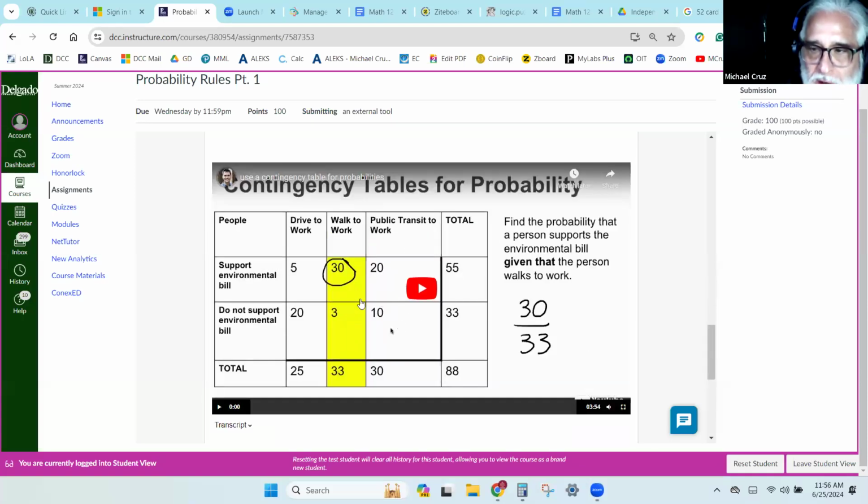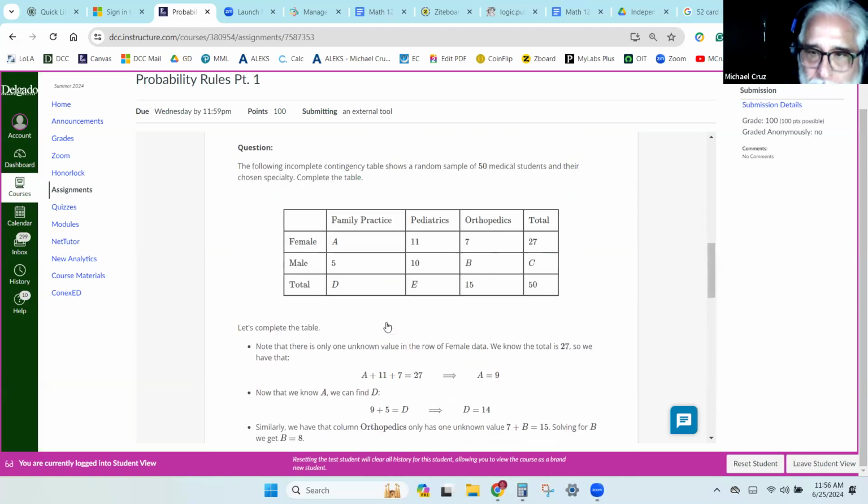But essentially, all of these total up across. So on this one, let's do this first one. This one's got 3, but it doesn't matter. It's still a contingency table, but there's a specific kind.